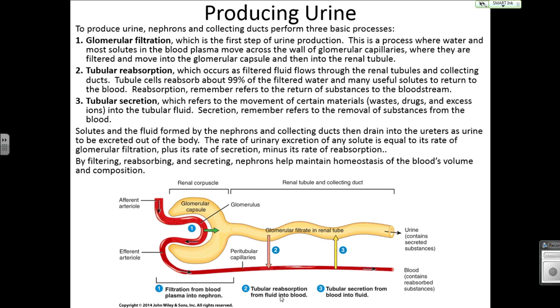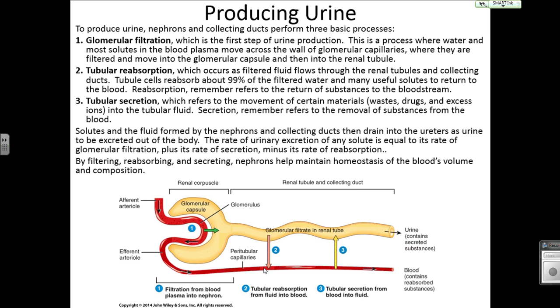We are going to perform reabsorption, and this primarily takes place in the proximal convoluted tubule, but it also occurs in the rest of our tubule. This is the return of the stuff back to the blood. Notice how it's called reabsorption and not absorption. We used the word absorption back when we talked about the small intestine and the rest of the digestive tract.